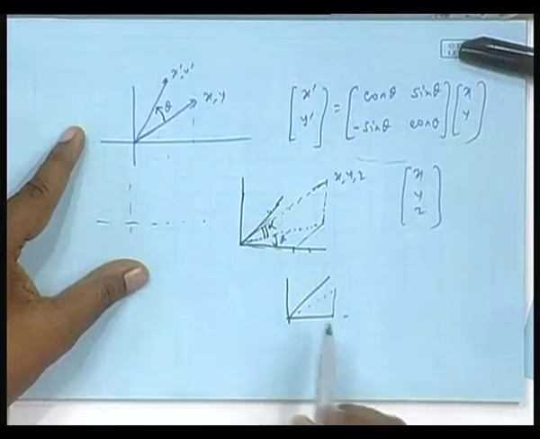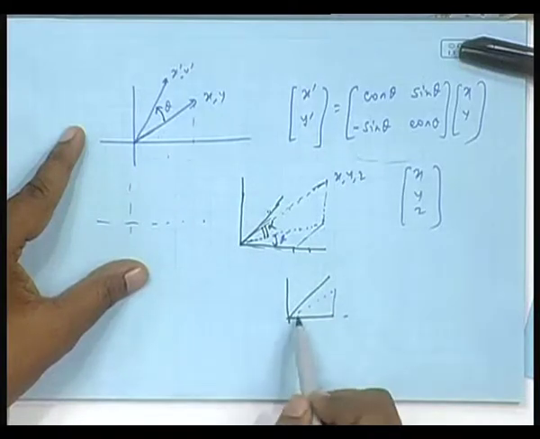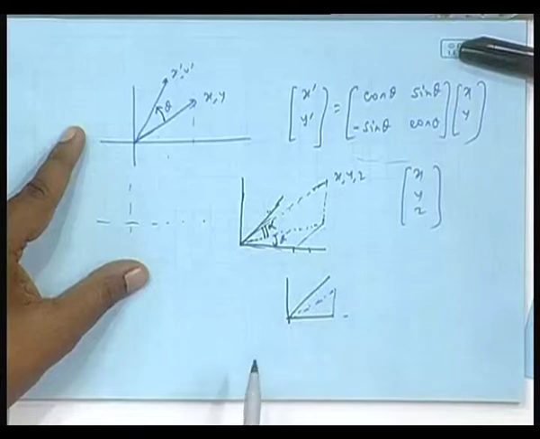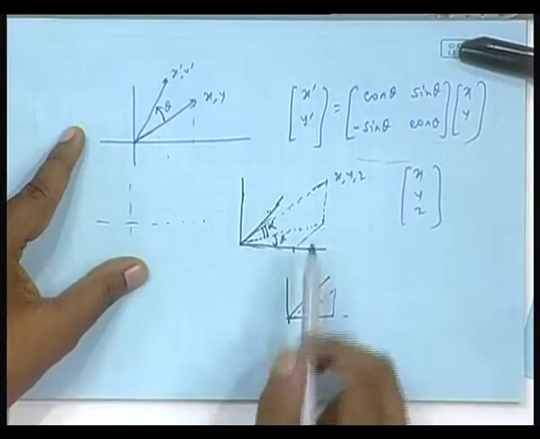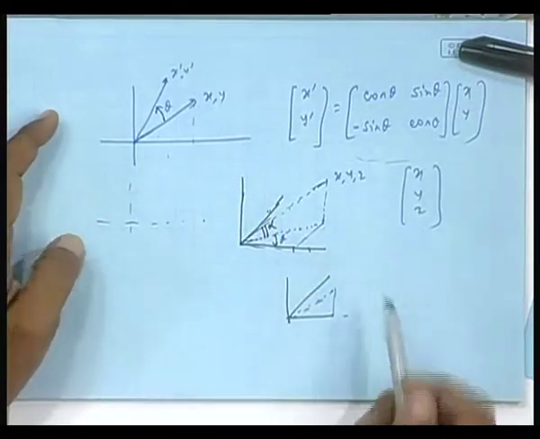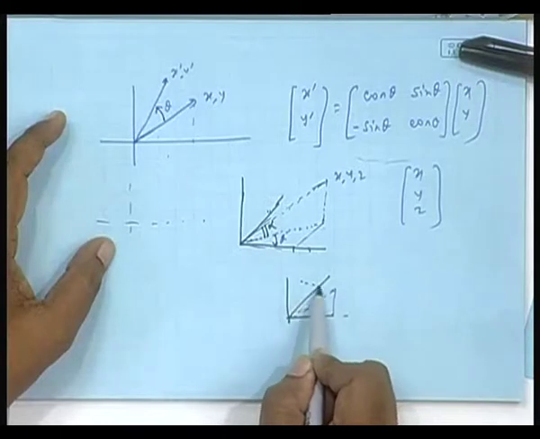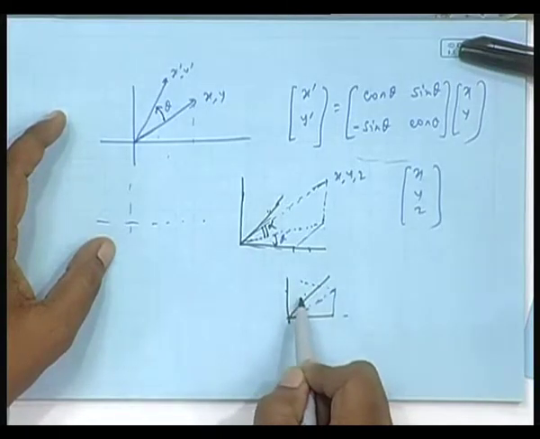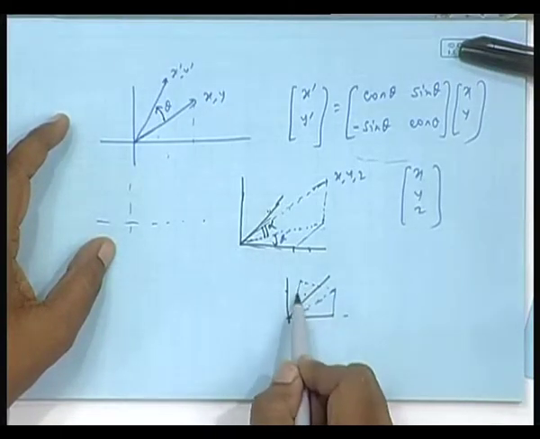Okay. So, now in this new coordinate system, this vector will have at least one coordinate equal to 0, isn't it? We have rotated. So, the y coordinate is 0. Then you take the projection of this fellow on this plane. So, this is the vector.